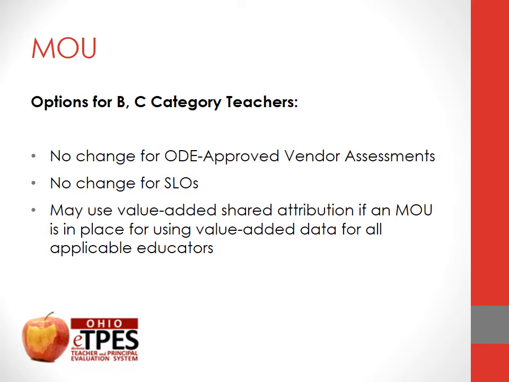For Category B and C teachers, there really is no change in the use of ODE approved vendor assessment data and no change when using SLOs. The district may use value-added shared attribution for these teachers if an MOU is in place for using value-added data for all applicable educators.